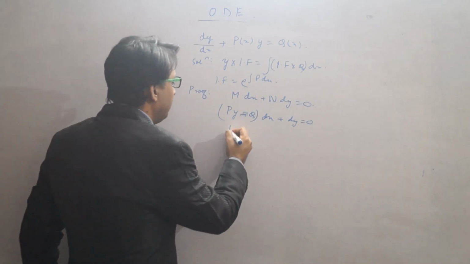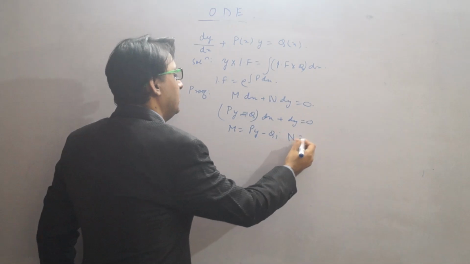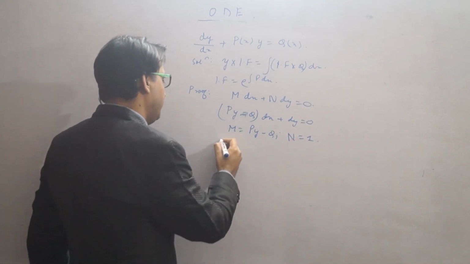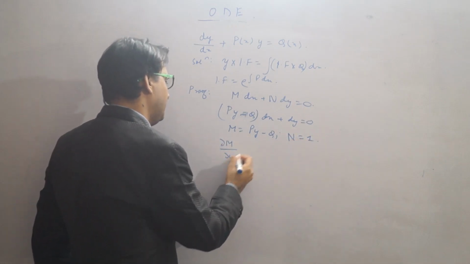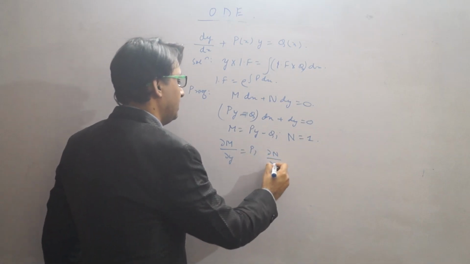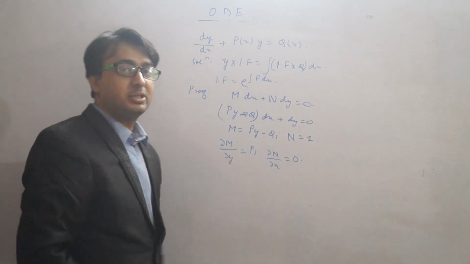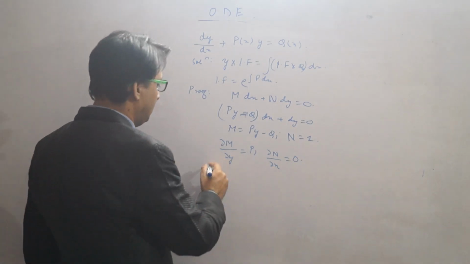Here M is Py minus Q, N is 1. If I take dou M by dou y, it is equal to P, and dou N by dou x is 0. So this is not exact, and we would like to make it exact.